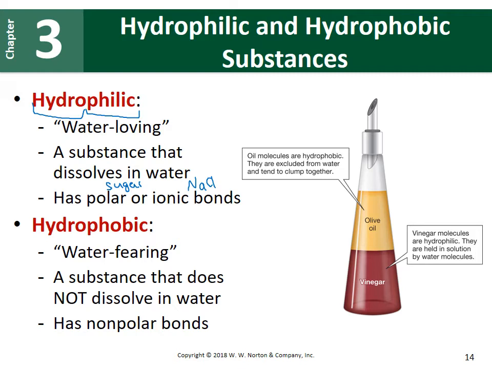These are molecules that have nonpolar covalent bonds. Or what happens is that their electrons are shared equally. Good examples of hydrophobic molecules are olive oil. So any oils and fats do not dissolve in water, they are hydrophobic.